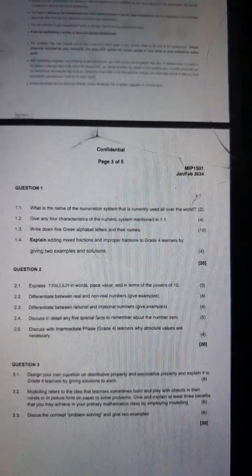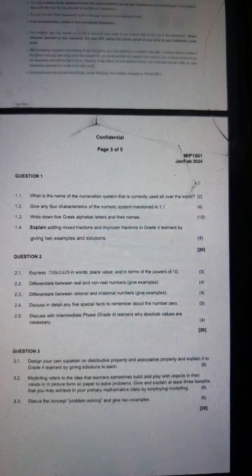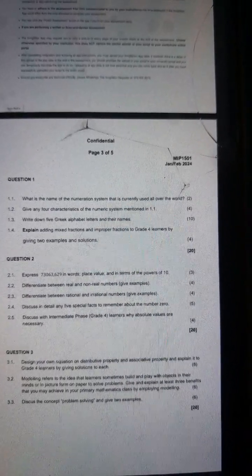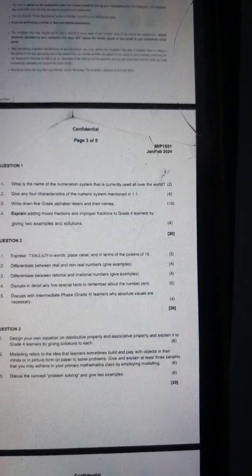Right? At 1.2, they said give any 4 characteristics of the numeric system mentioned in 1.1. Well, any 4. These characteristics include a base 10 system, which is called a decimal system, right?